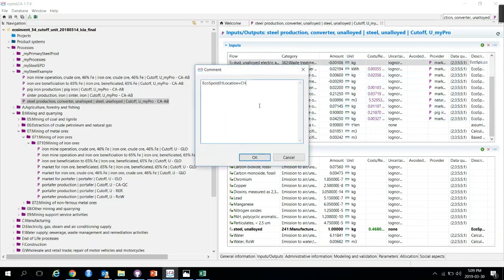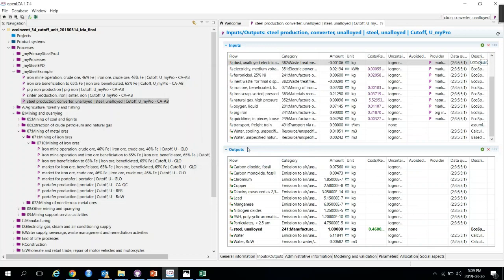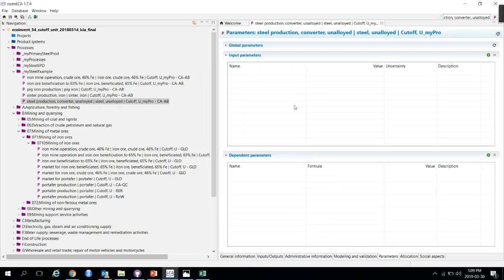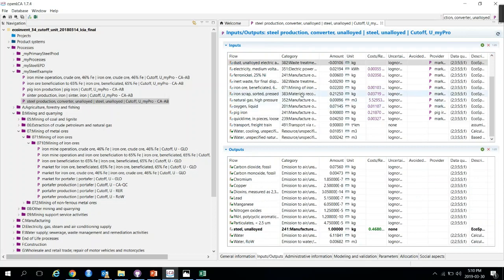You can add something very specific about what your assumption is. And of course, you can use parameters as inputs as well, which can make it a little bit more transparent in terms of why the numbers are the way they are, for your amounts.